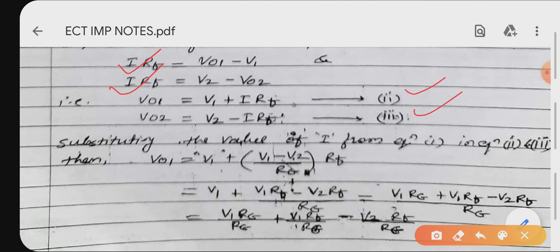Now we will put the value of I from equation number 1 into equation numbers 2 and 3, so that we will get the final equations for VO1 and VO2. Here we have kept the value of I from equation number 1, that is V1 minus V2 divided by Rg.